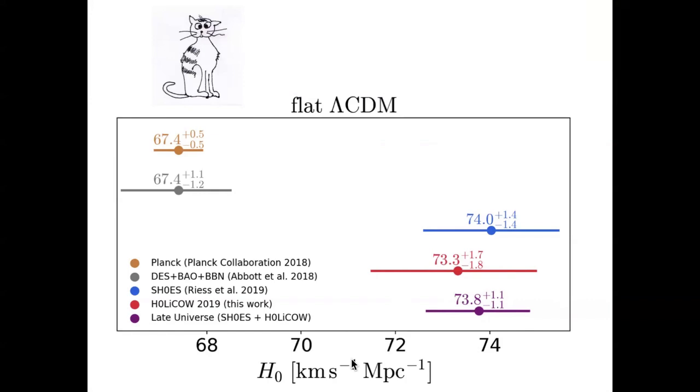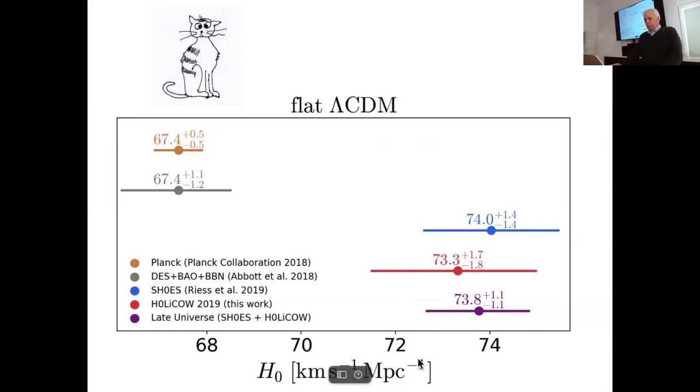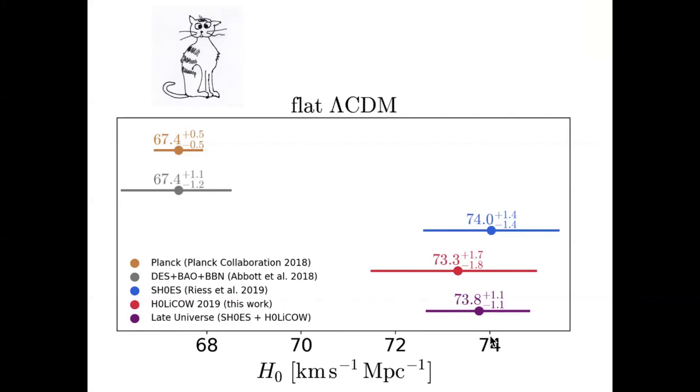What this means is that this is the Hubble constant, and it means it's expanding at 74 kilometers per second per 3 million light years. So for every 3 million light years, it goes at 74 kilometers per second faster. And that's about 210,000 kilometers per hour faster for every 3 million light years.